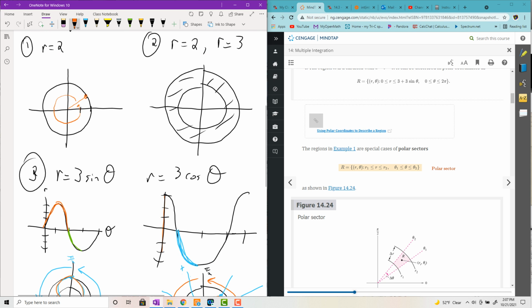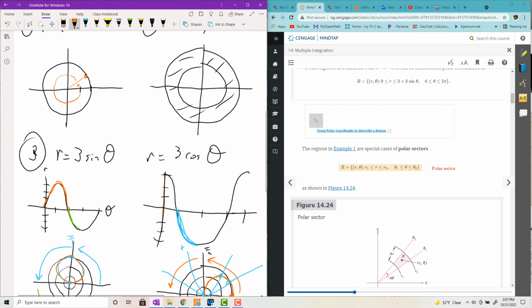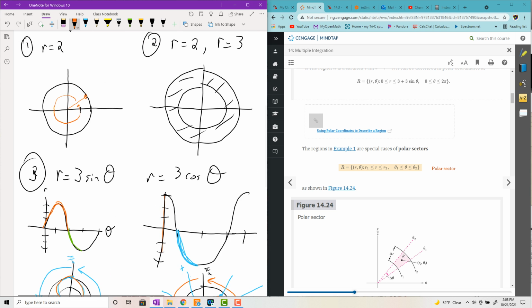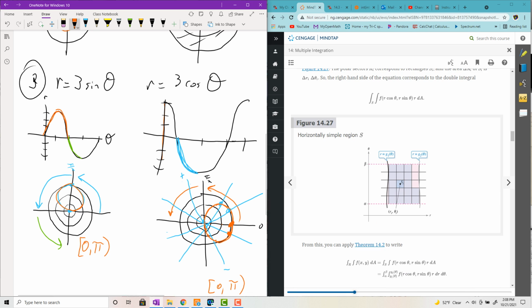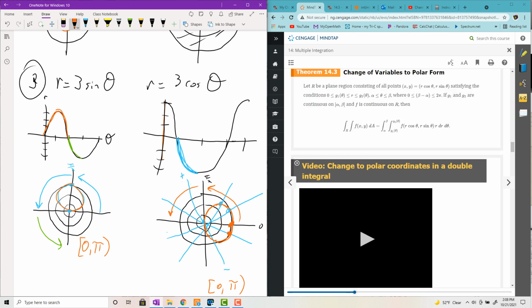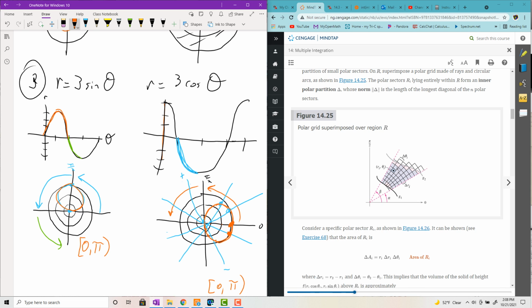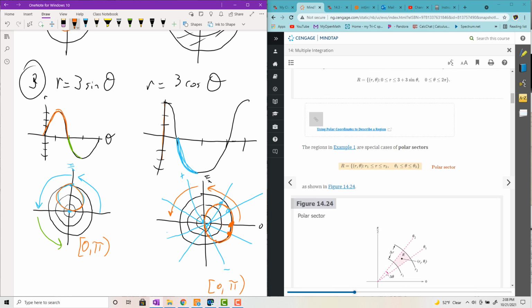Okay. Honestly, these are the most important polar curves that you'll graph. The book will try to take it up a notch and throw in maybe some limaçons and some cardioids.